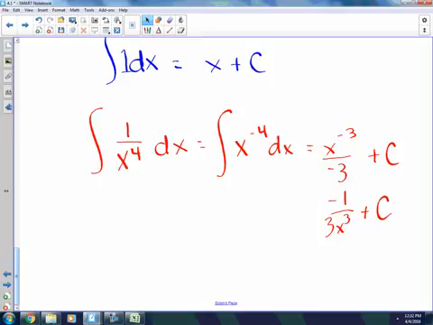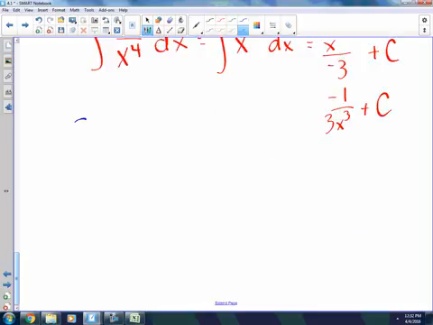All right, let's try another one. Let's do okay, can we do power rule yet? No. We need to bring that 3 up. This is what we have to be careful with, though. Only the x cubed comes up. The 2 doesn't come up with it.